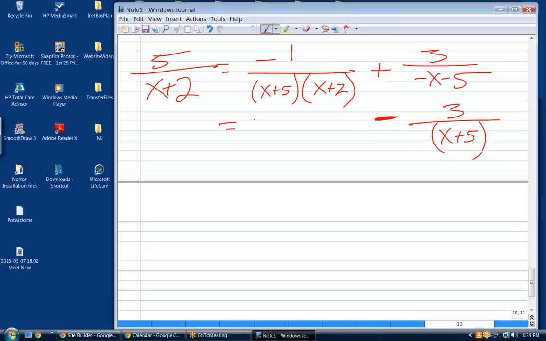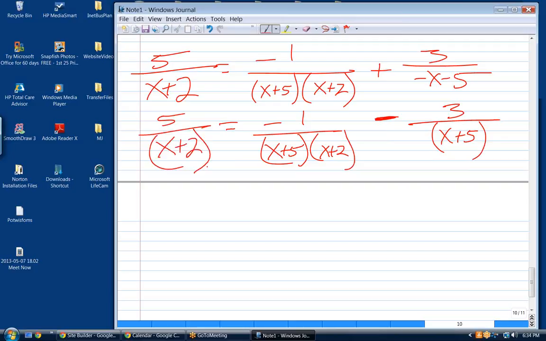So now my problem is this. Minus 1 over x plus 5 times x plus 2. Now, what quantity can I multiply every term in the equation by to get rid of all the denominators in one step?